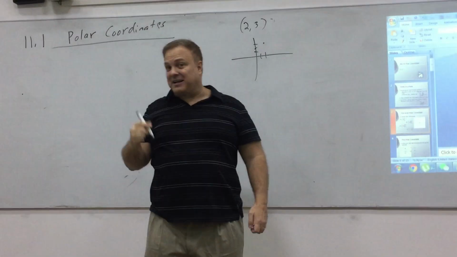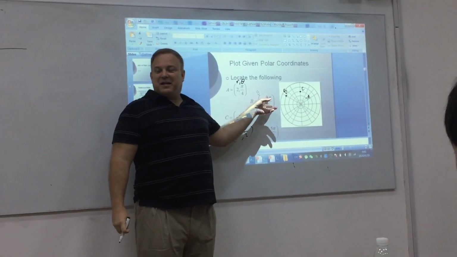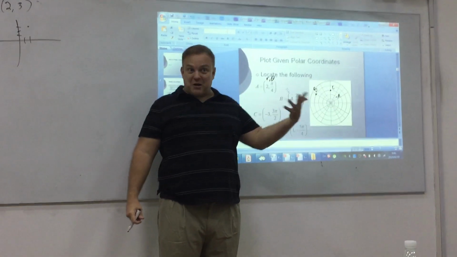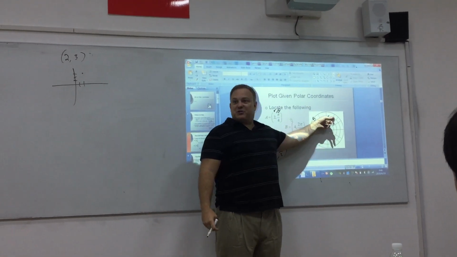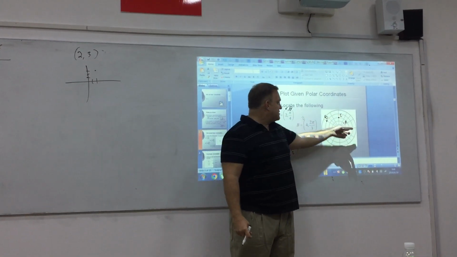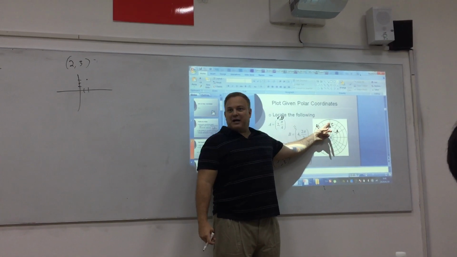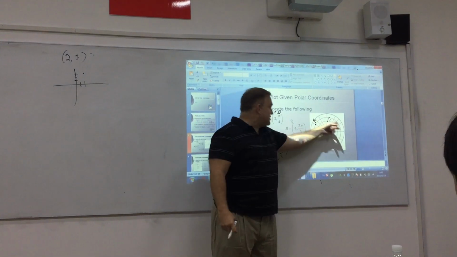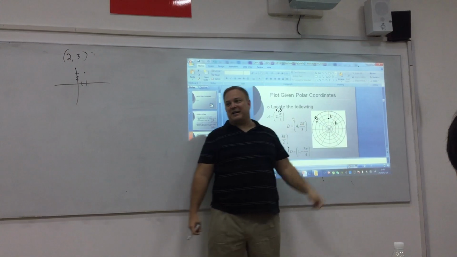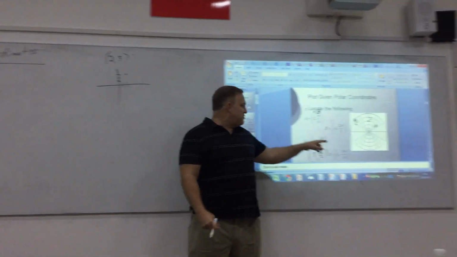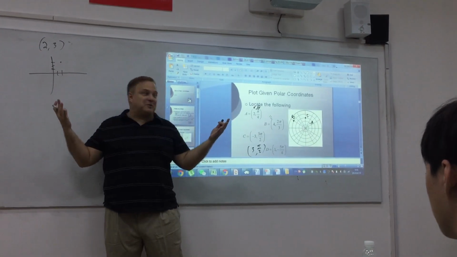As a matter of fact, if you consider all real numbers for the angle, you could have angles bigger than 2 pi. You could represent the angle by going all the way around the circle plus pi over 2, plus 2 pi, plus 2 pi, plus 2 pi. So how many different ways do you think I could represent point C? There's actually an infinite number.